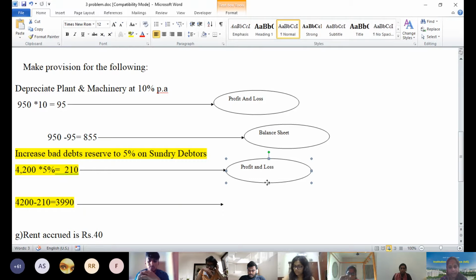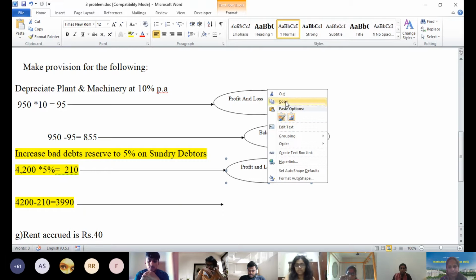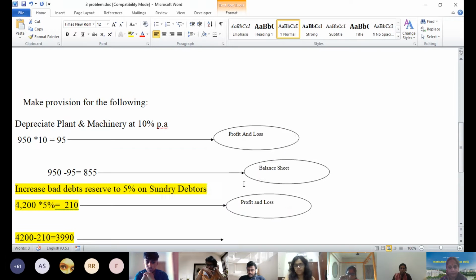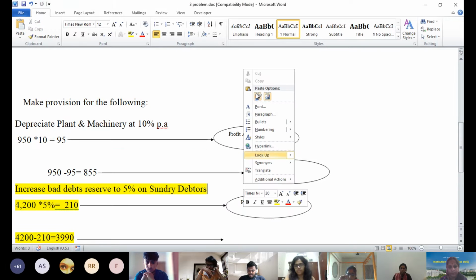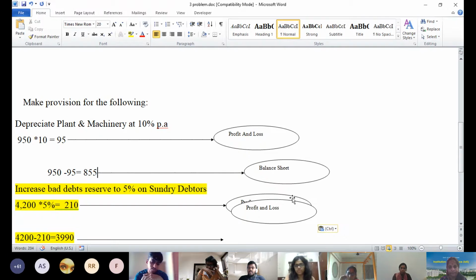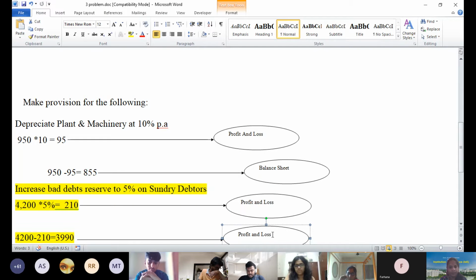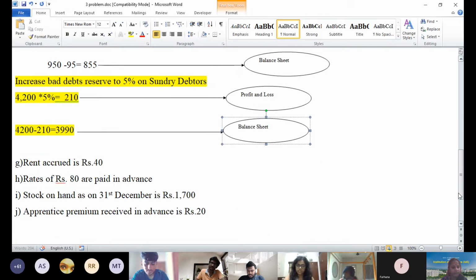So that is the aspect of a balance sheet. So this is straight away going into your balance sheet. That's the aspect.